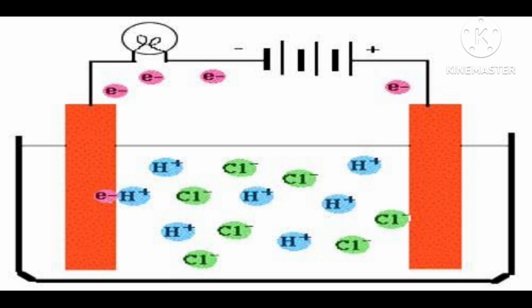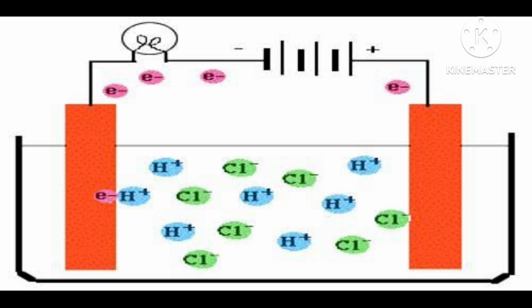Current passes through metallic wire like copper, aluminum, silver. In physics you study that current passes through wire, but in chemistry you will study that current passes through solution also. Solution also conducts electricity.